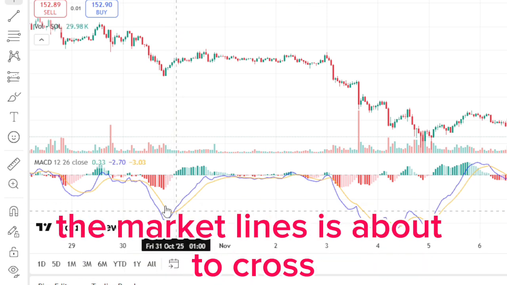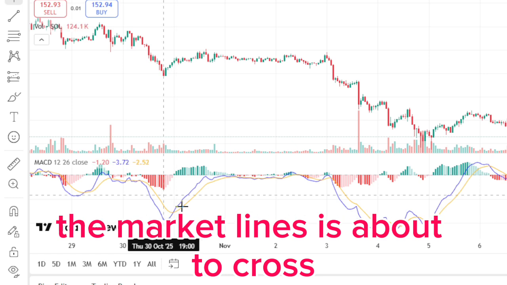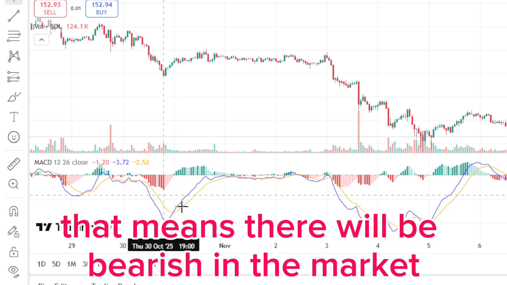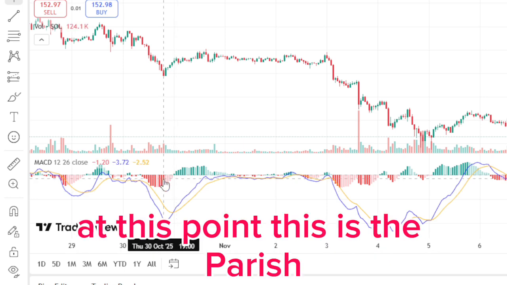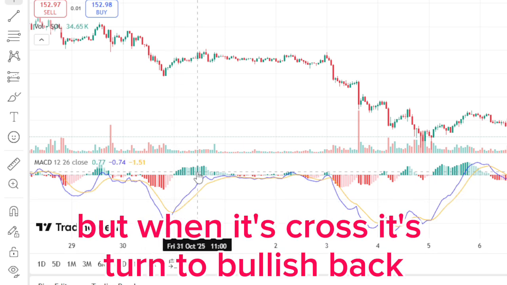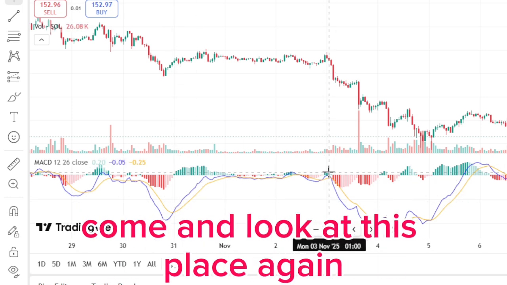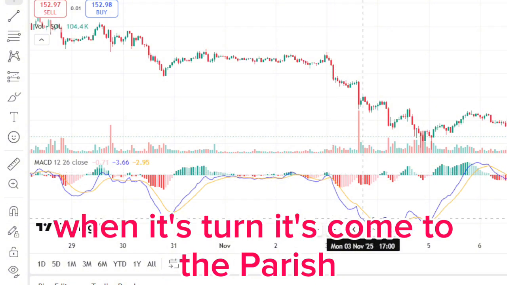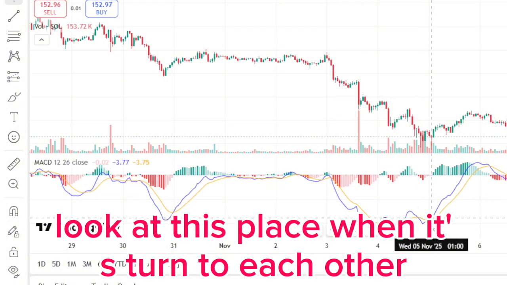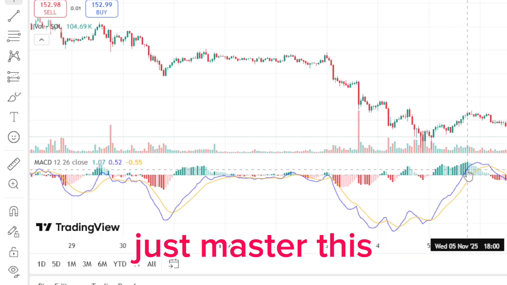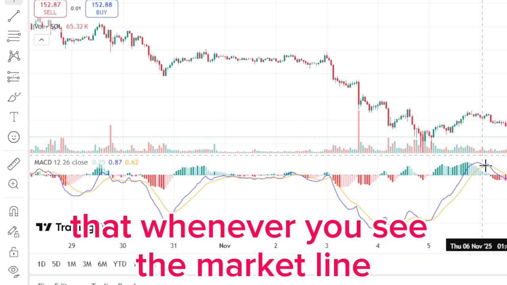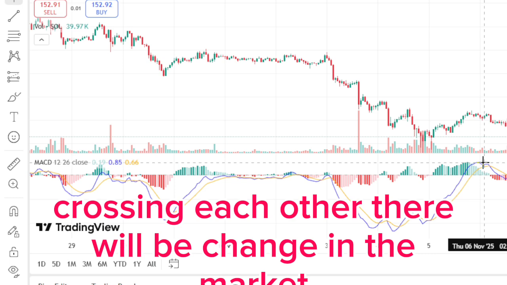Whenever you see that the MACD lines are about to cross each other, that means there will be a change in the market at that moment, to bearish or bullish. At this point, this is bearish, but when it crosses, it turns bullish again. Look at this place again. When it crosses, it comes to bearish. Look at this place. When it crosses, it becomes bullish. So just master this, that whenever you see the MACD lines crossing each other, there will be a change in the market.